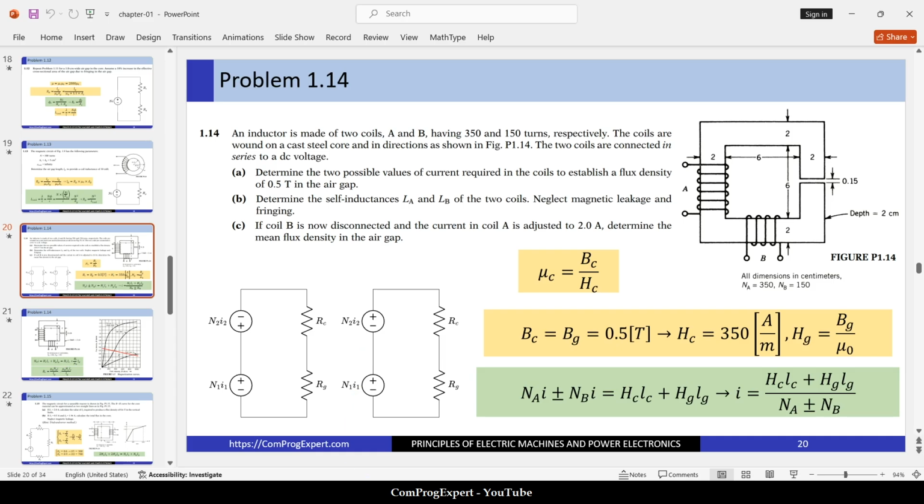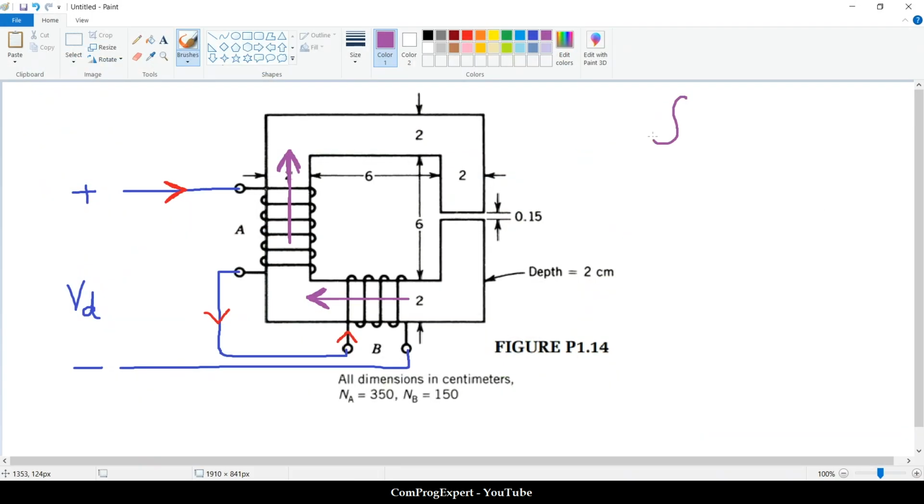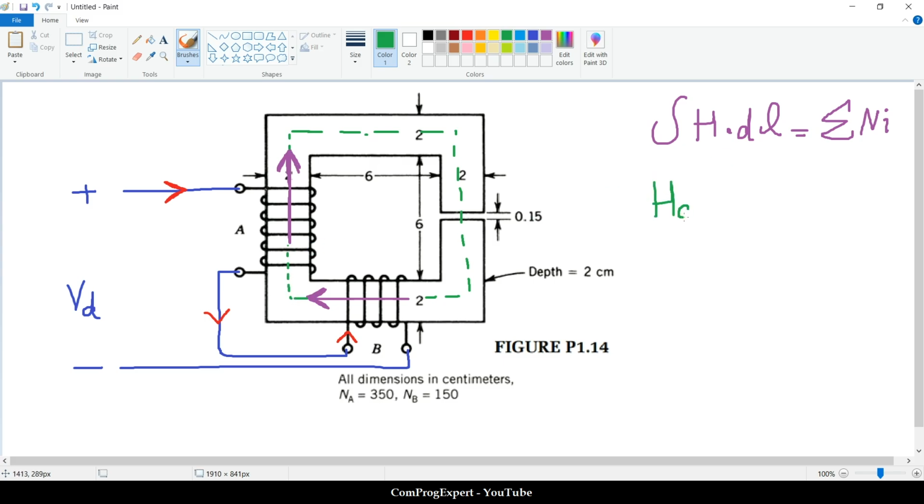And if we use this equation, the integral of H dot dl is the summation of Ni for all coils. If we consider this integration path in the middle of the core, we can write H inside the core, considering uniform fields, average values.